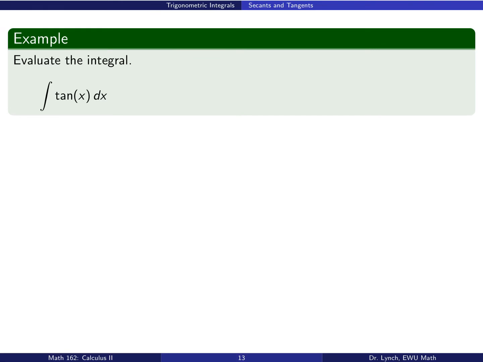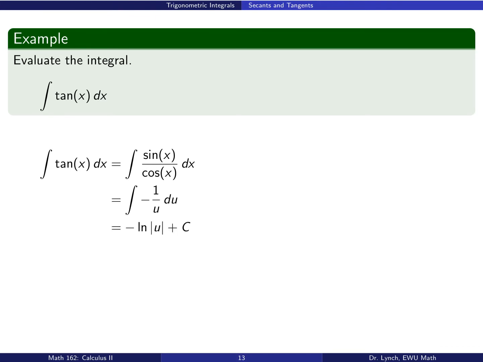So remember that tangent can be expressed as sine over cosine, and once we've written it as sine over cosine, there's a function and its derivative here, u equals cosine x, du equals sine x dx. Here's the substitution with a minus sign from that derivative of the cosine function, giving us the natural log of the absolute value of u.